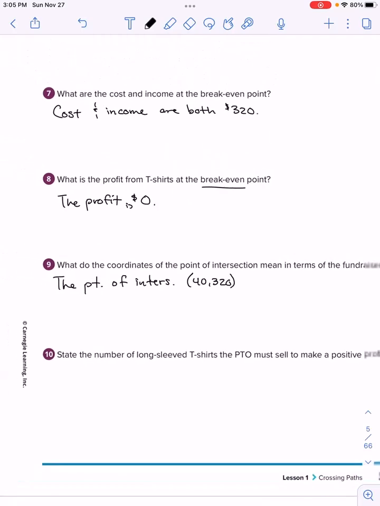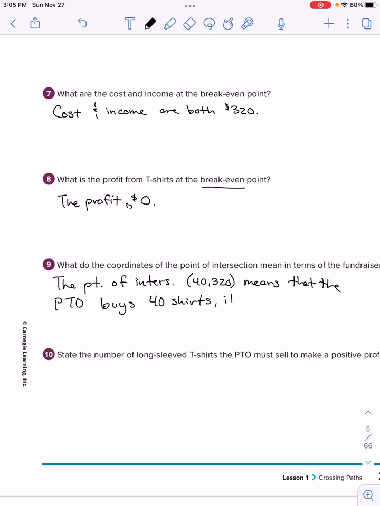So what does that mean in terms of the situation? Means that the PTO buys 40 long sleeve t-shirts. I'll just put shirts.